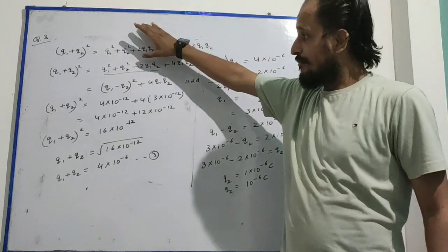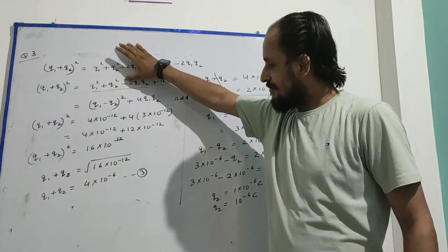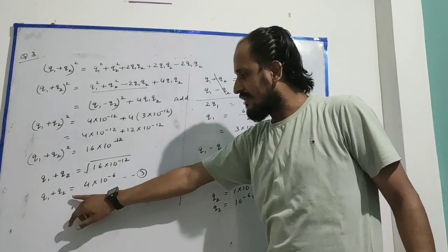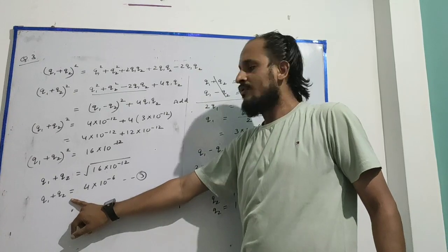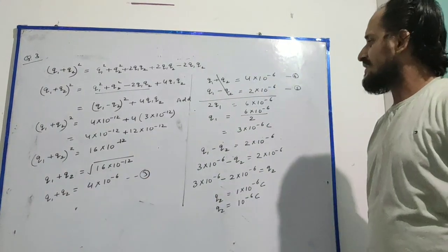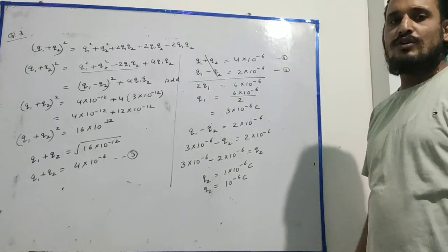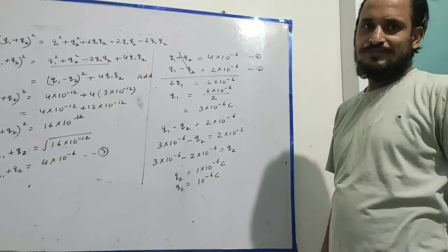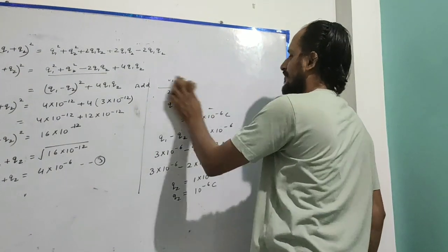We have applied a mathematical identity, and then after applying it we have calculated the value of q1 plus q2. And now after finding the values of q1 plus q2 and q1 minus q2, we have calculated the values of q1 and q2. So this is the third numerical problem.